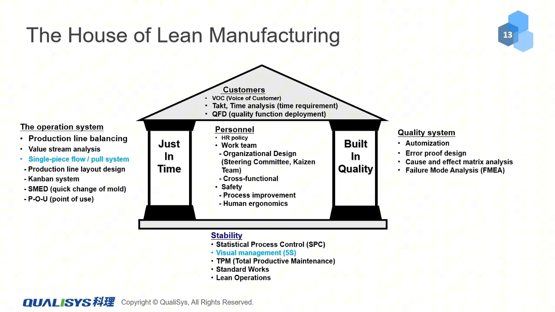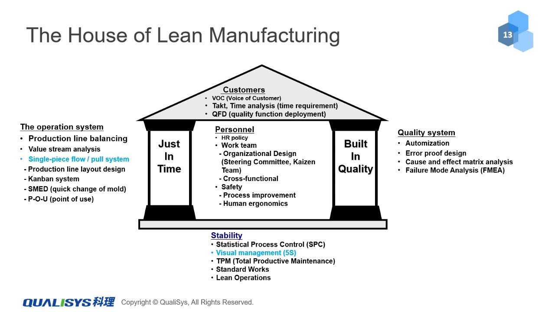All this is based on the foundation: you have statistical process control, SPC. You have visual management, for example 5S. You have total productive maintenance, which means you make sure the equipment is in tip-top condition. And you have standard work, lean operation, and so on. So these are the foundation.